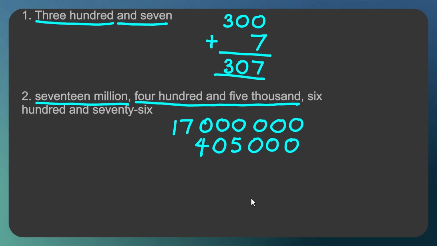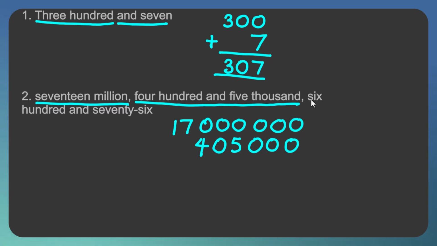And the final one here is 600 and 76. We can break this into two parts. We have 600. We write that first, working from right to left.